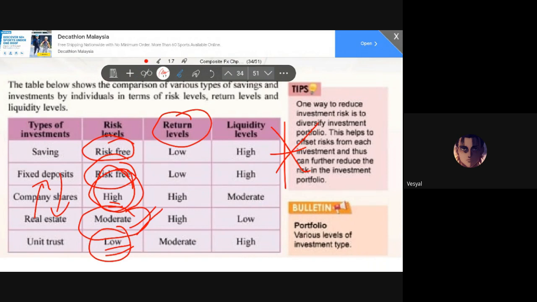Okay, good. So the return level in savings is going to be low, as compared to real estate. That's why they say it's low. It might be high actually, but when you compare to the others, it's considered low. Even fixed deposit, they still say low, although it's getting a higher interest rate.